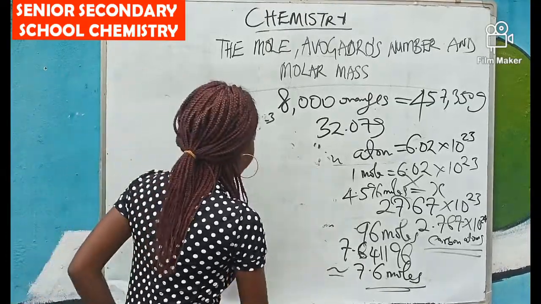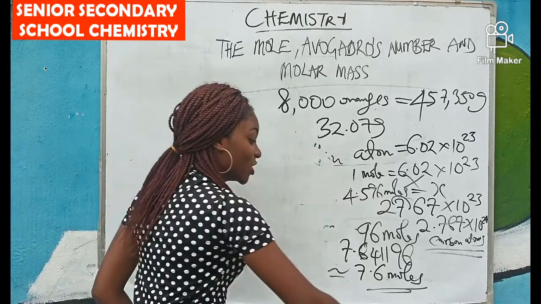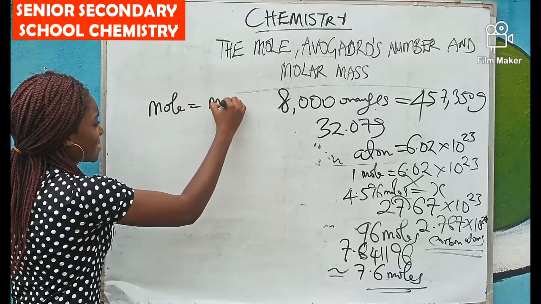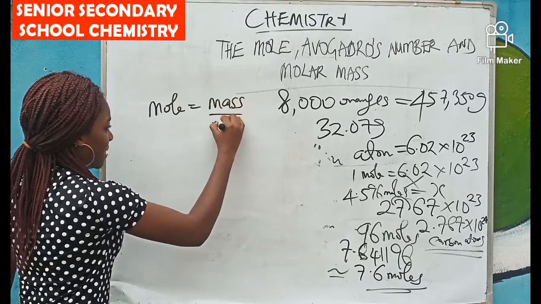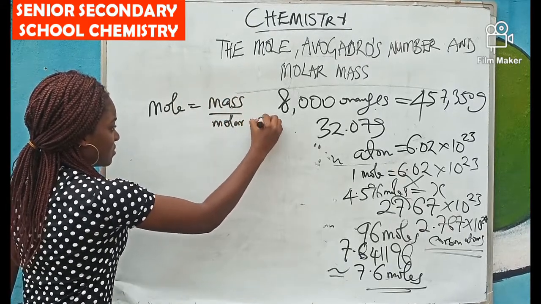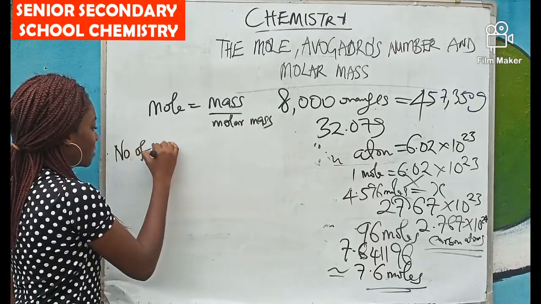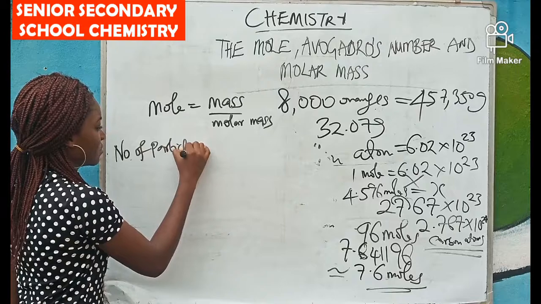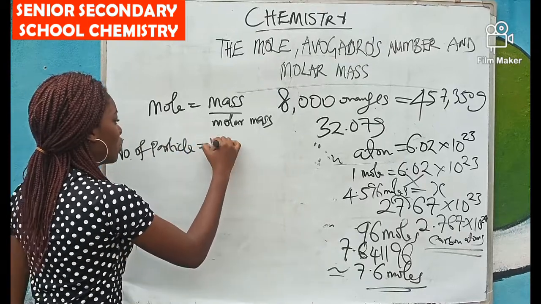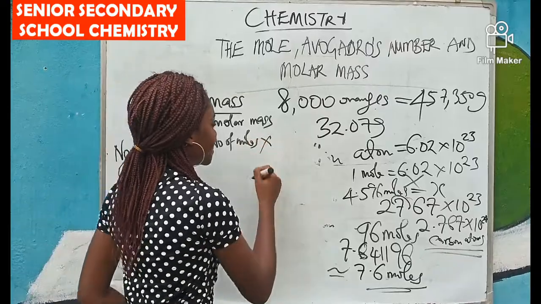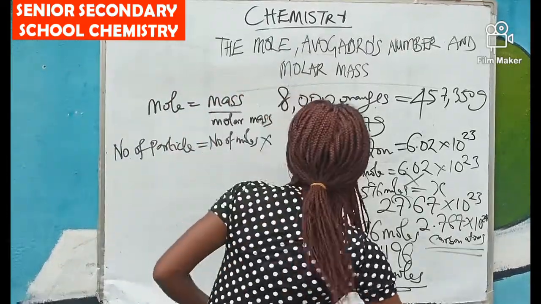Okay, so if you remember from your knowledge in chemistry, mole is equals to mass over molar mass. Okay, so number of particle is equal to number of mole times the Avogadro's number.